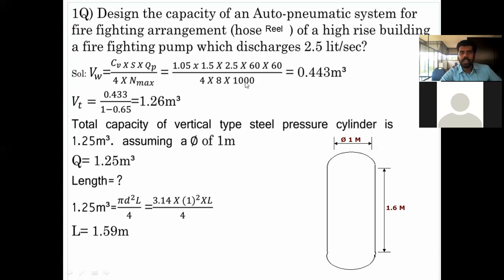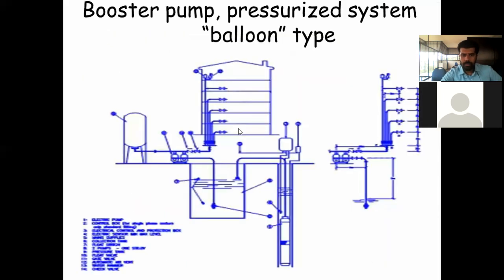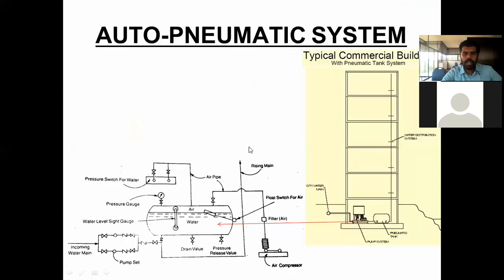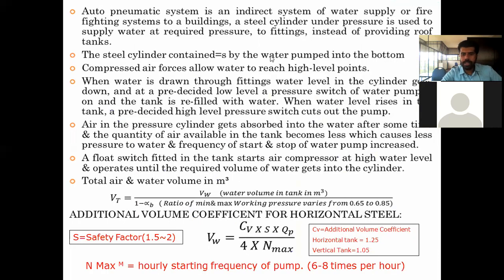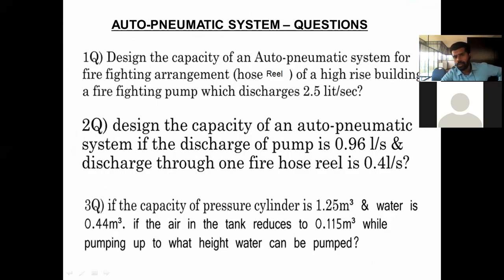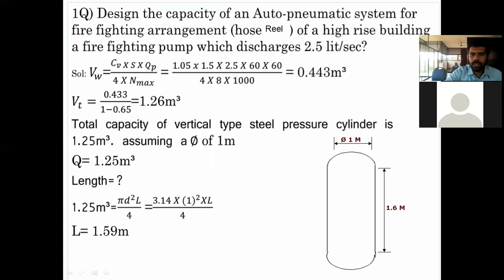And this 4 into N max: the hourly starting frequency of the pump is 6 to 8 times per hour. You can take the maximum, 8 times per hour. You can take 6 also. We have to make all the units the same. That's why liters per second has been converted to meter cube per hour.